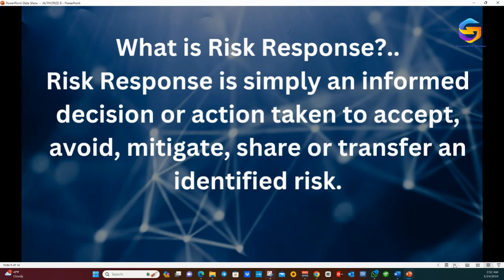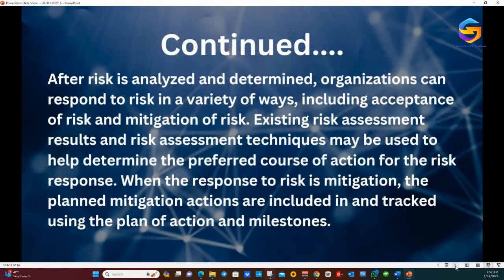So whatever decision is made, whatever analysis is made by the AO and the determination, the organization would have to respond. And in responding to that, the organization can either accept risks, avoid risks, mitigate risks, share or transfer the risks. So now let's look at what the company will decide to do depending on what is being analyzed.